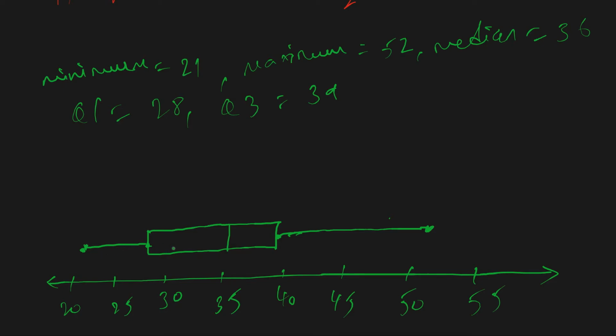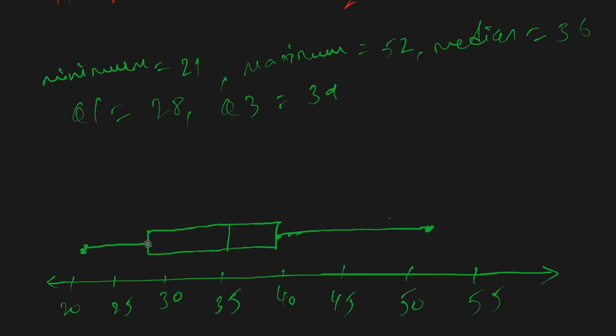The reason why it's called a box and whisker plot is that we have a box, and then we have this whisker-looking thing, which is a straight line that goes from the lower to the upper extreme.